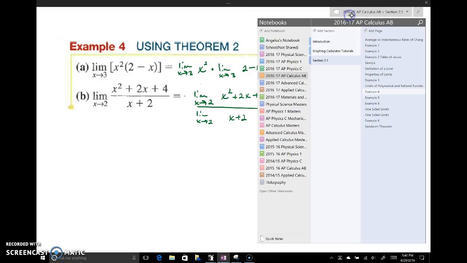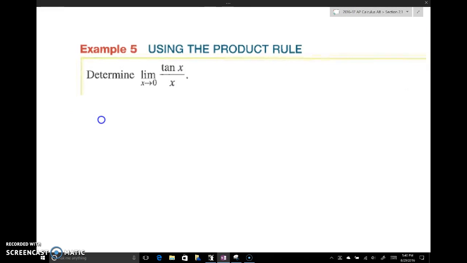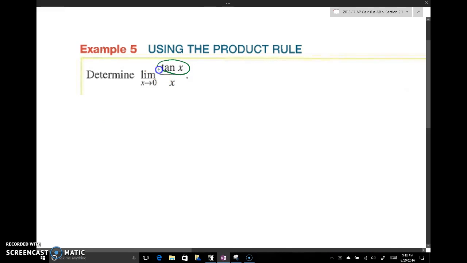Okay, let's move on. So here's a situation where we can't keep doing what we've been doing. We can't use the quotient rule here because the bottom is equal to 0. So we can't say this is equal to the limit as x approaches 0 of sine of x over the limit as x approaches 0 of tan of x.